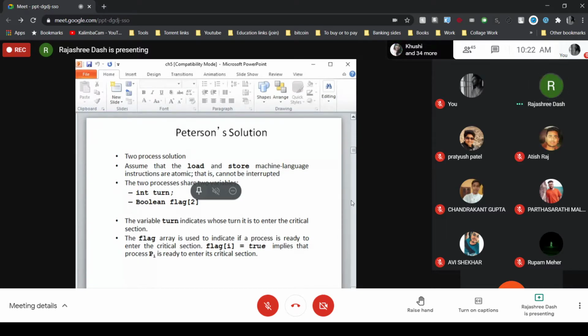So we are first going to discuss Peterson's solution to the critical section problem. It is a two-process solution. At a time it is restricted to two processes.